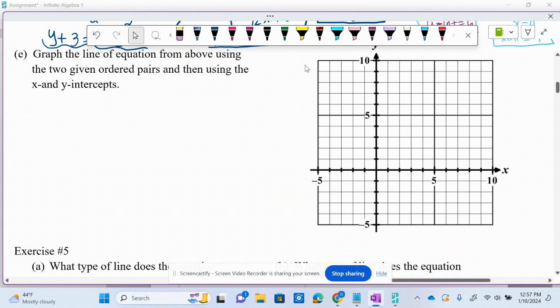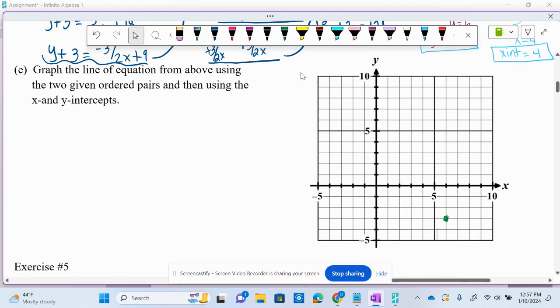You're going to graph the ordered pair 6, -3. And I know that the -4, 12 kind of goes off your graph. You can just kind of eyeball it. That's my -4, 12.